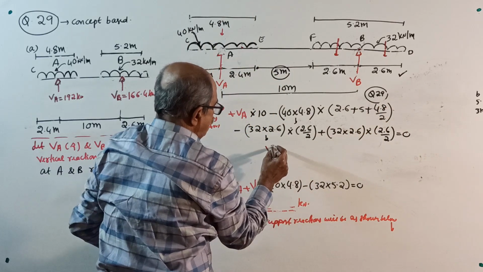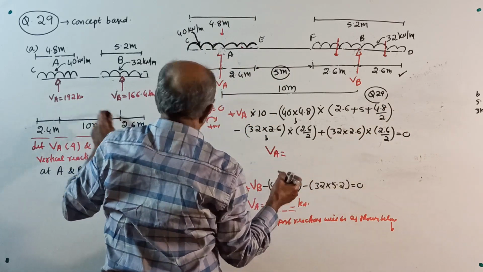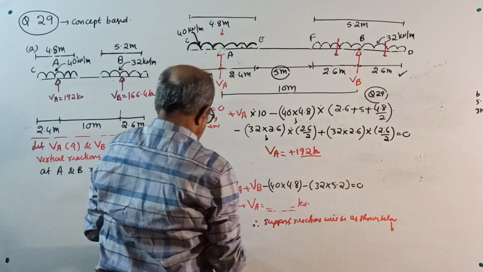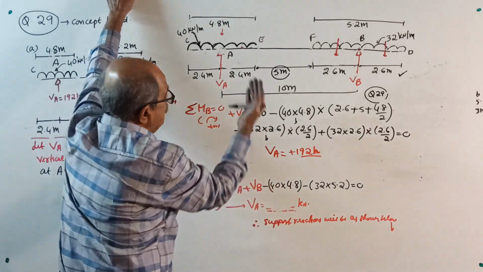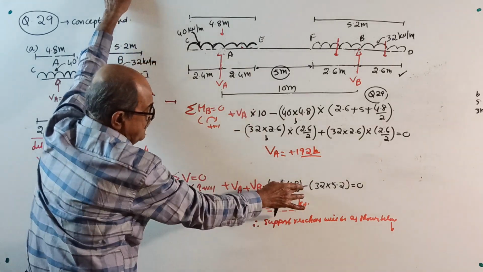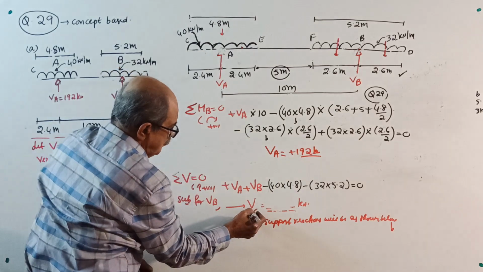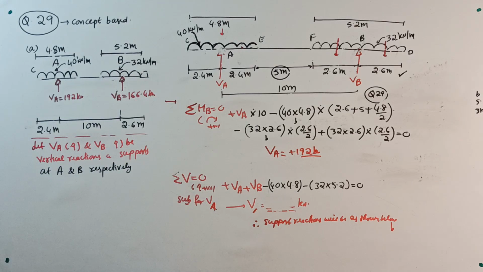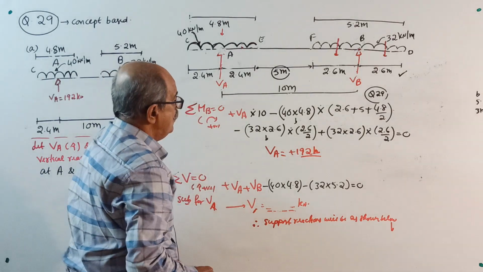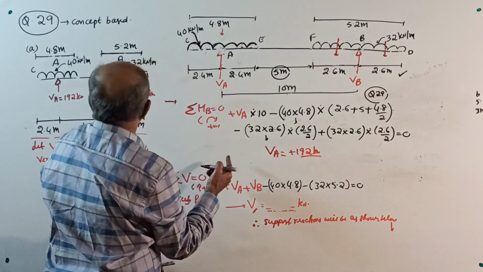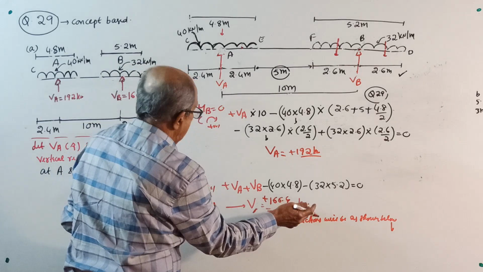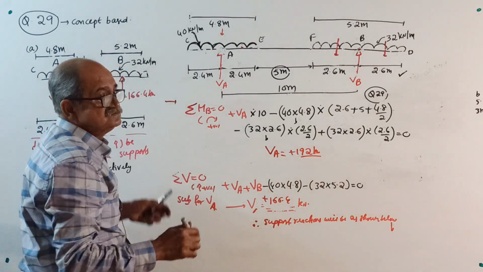You will get the value of VA first: 192 kilonewton. VA will come. Sigma V equals 0, take upward positive and write the same equation. Substitute for VA, whatever you got, that you should do now. You will get VB equal to 166.4 kilonewton. Okay, see, same answer.